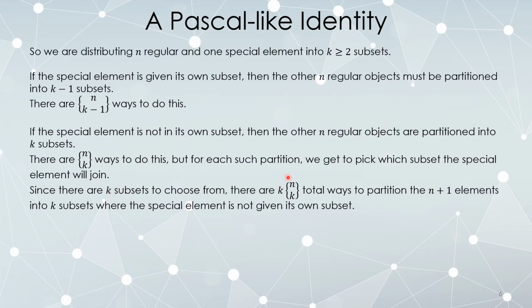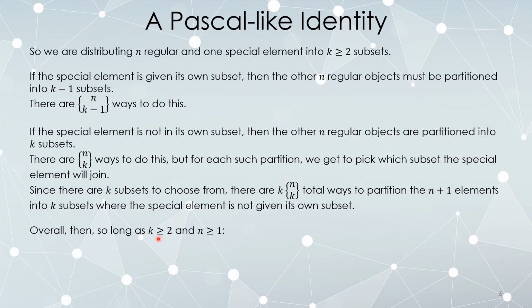Overall, there are k times that Stirling number total ways to partition the n regular objects into k non-empty subsets, and then choose which of the k subsets gets the special object. So overall, we've determined how to distribute n plus 1 objects into k subsets.